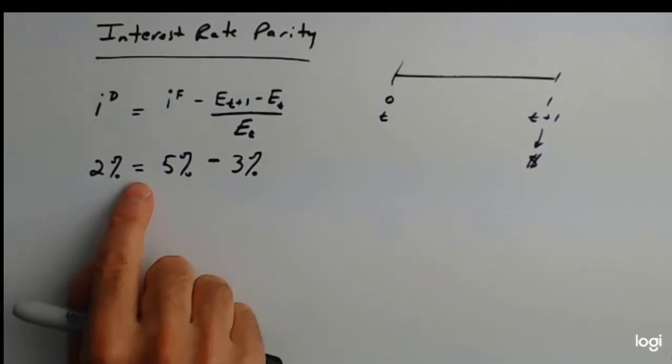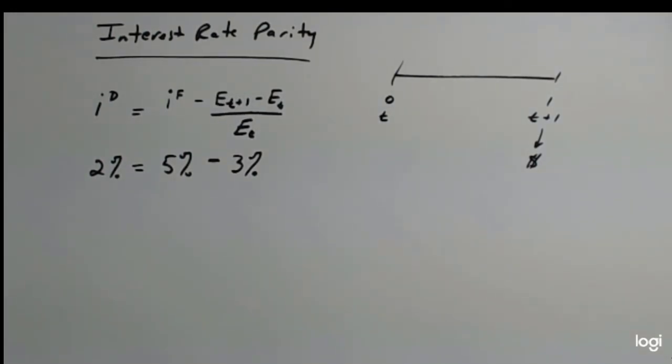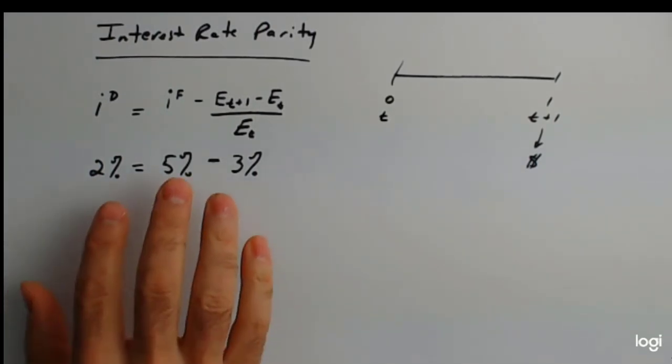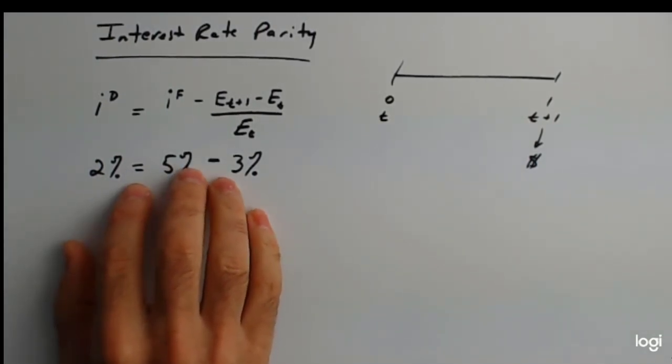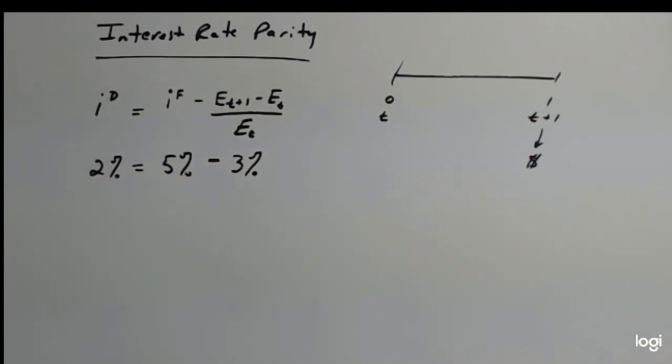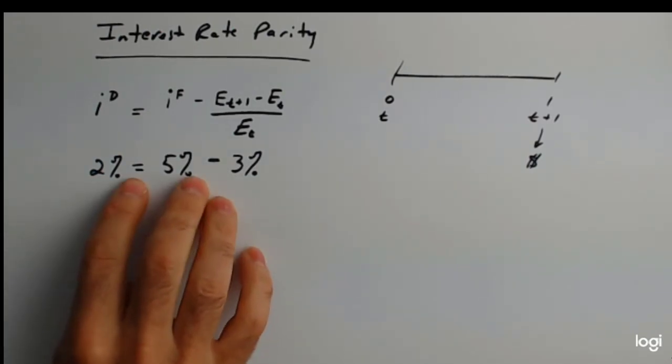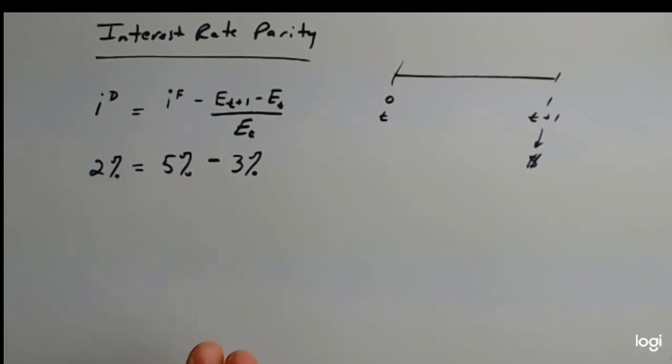So that's why there's a negative sign in front of it. And the driving force behind this is sort of like what we talked about when we did purchasing power parity. It's arbitrage, except the arbitrage conditions here are even more powerful because money can move. It's mobile between countries much faster. You can move lots of money from one country to the next. And so this relationship is driven by arbitrage conditions.